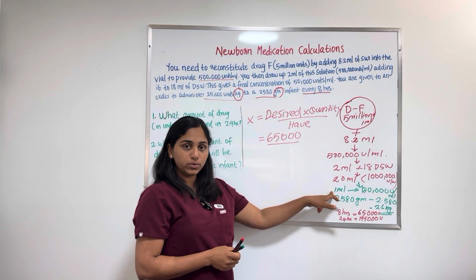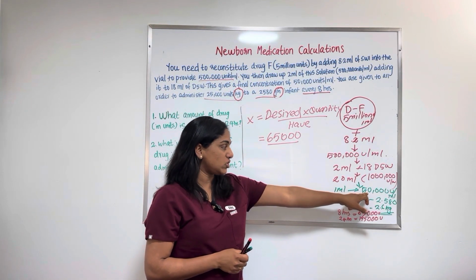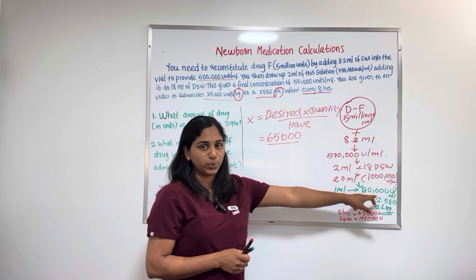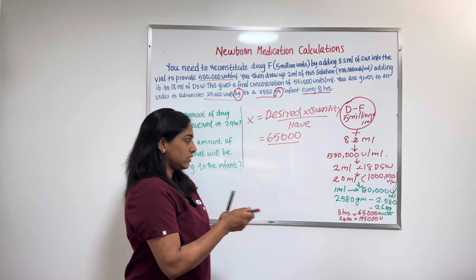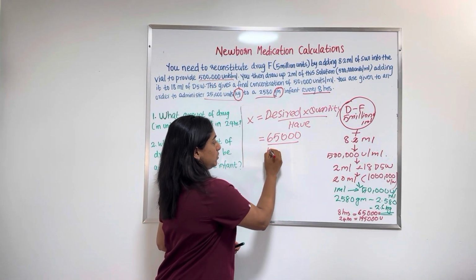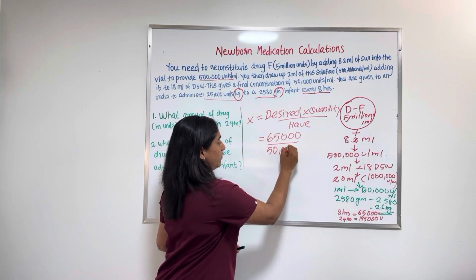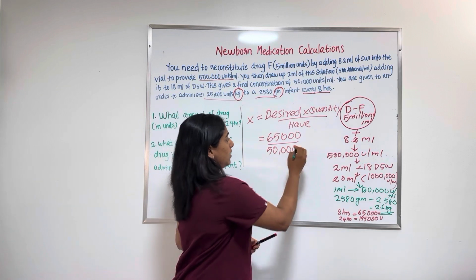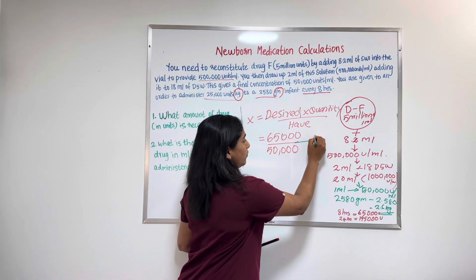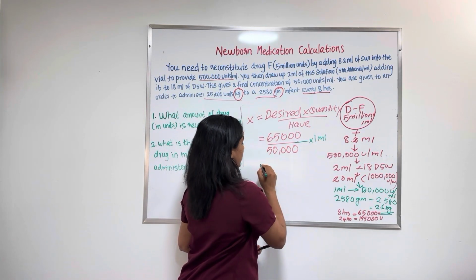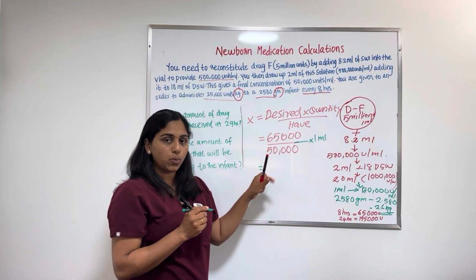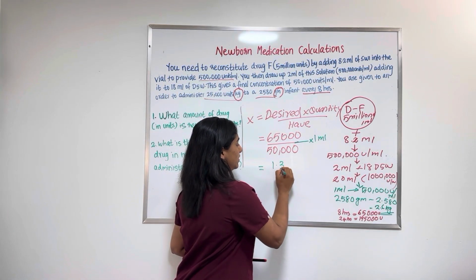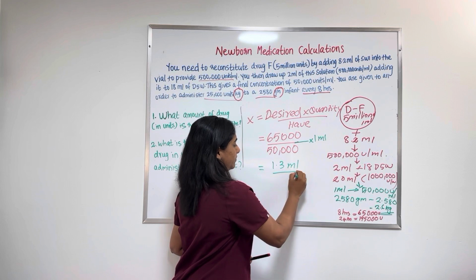Here we already found that each 1 ml of medication contains 50,000 units. So we have 50,000 units in a quantity of 1 ml. When you solve this problem, you will get 1.3 ml.